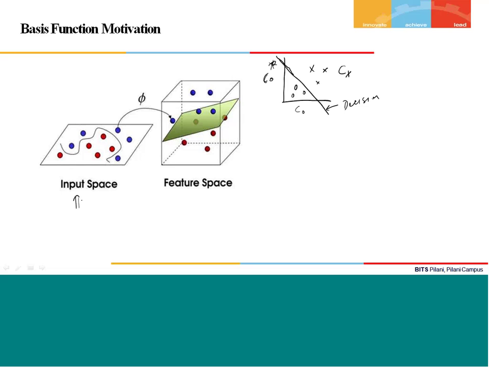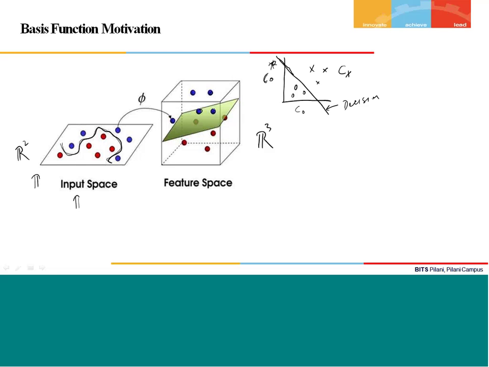If the data is not linearly separable, you can project it into a higher dimensional space. For an example, this is a two-dimensional space. You project them into a higher dimensional space, let's say into R3, and let's say they come into this space like this.